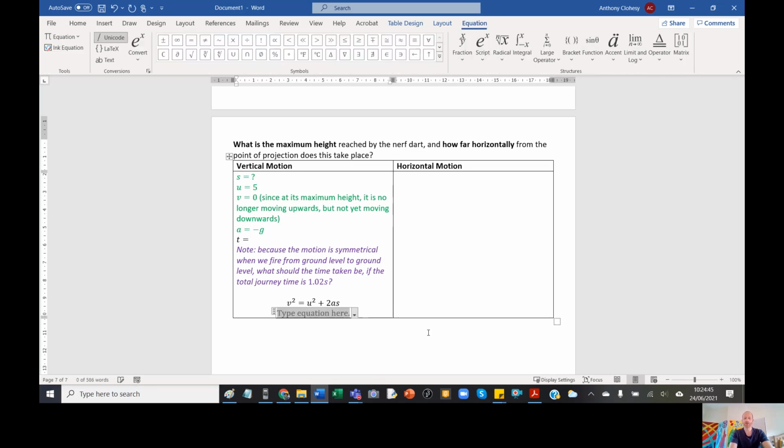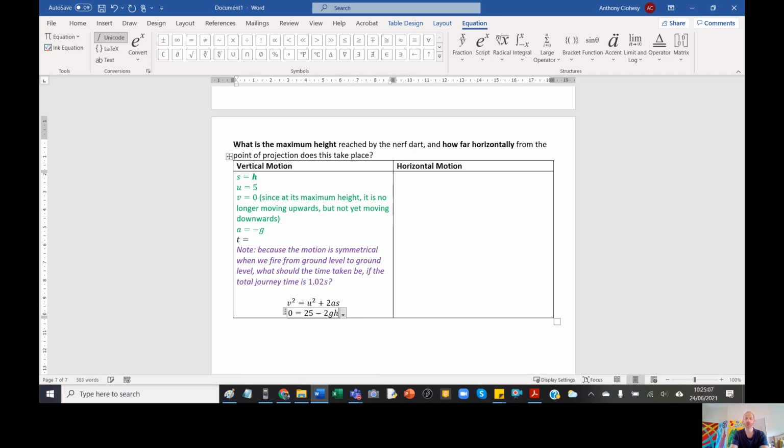Anyway, for this one, all we need is V squared equals U squared plus 2AS. So 0 squared equals 5 squared plus 2A, so minus 2g times S. S is what we're interested in. In fact, you might even decide that you want to give this a variable name that's a bit more descriptive for the problem at hand.